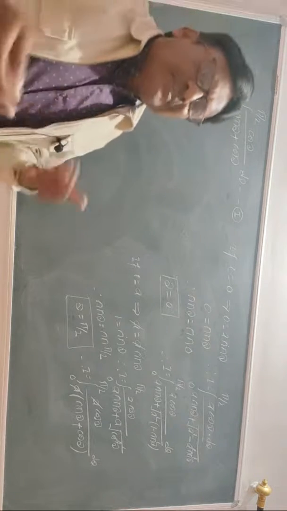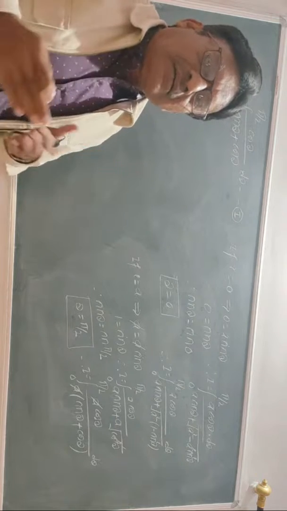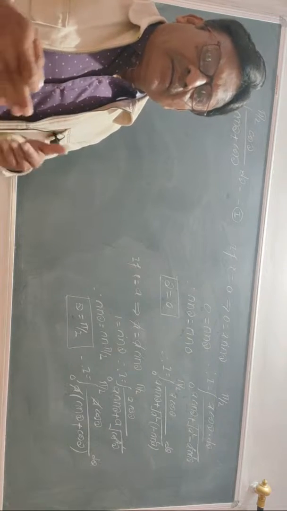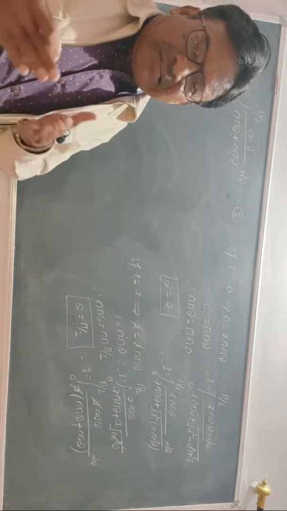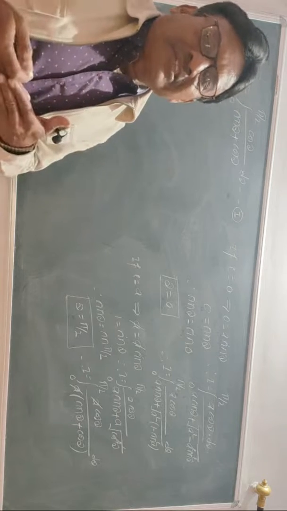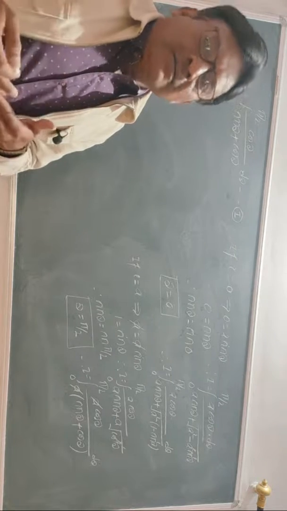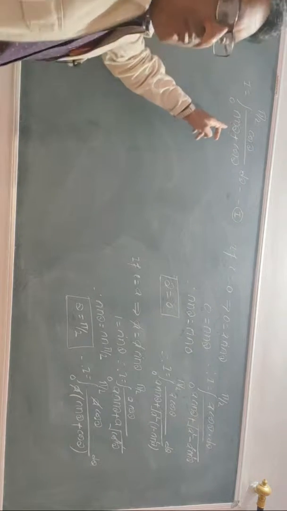That is, by the help of the substitution method, we convert the given definite integration. In the given definite integration, the function is present in algebraic form, and by the help of the substitution method we convert the definite integration into trigonometric form.